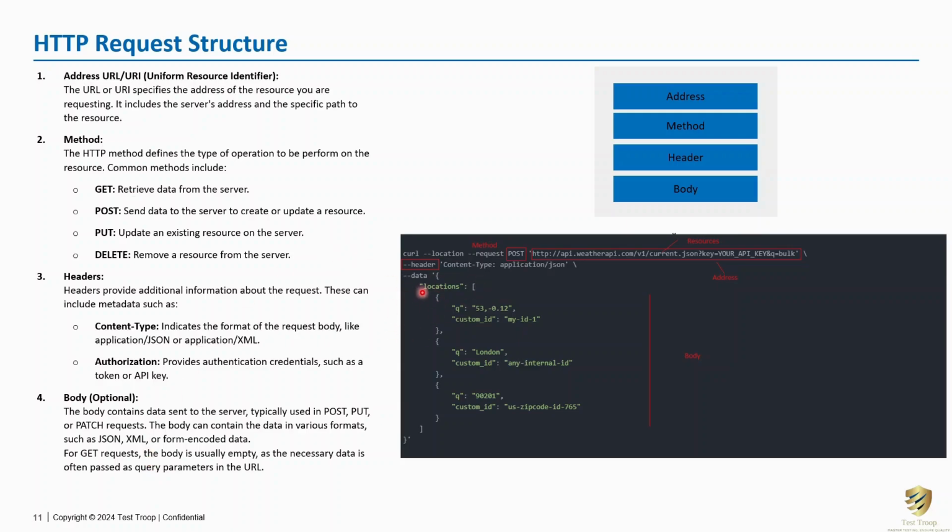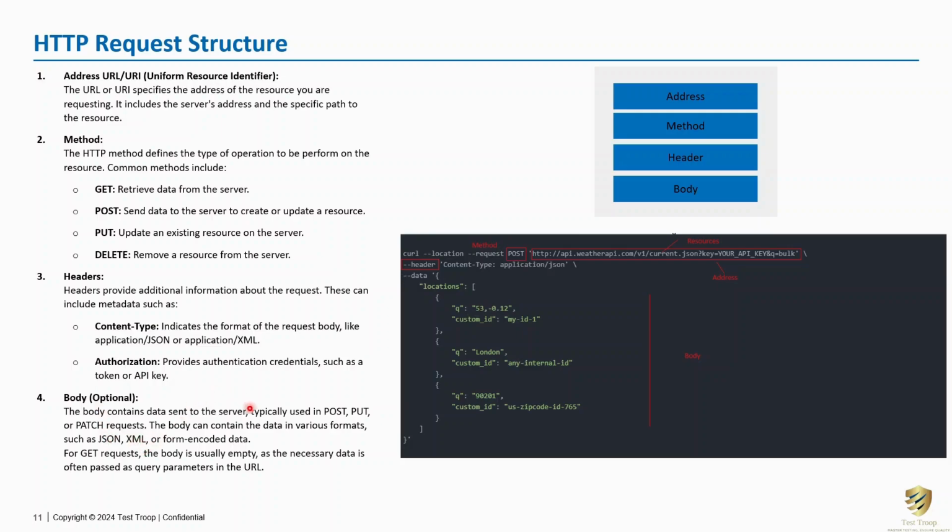In this example, what we are sending to the server is the geolocation. We are trying to post a request with the geographical location. For example, if you see, we are sending the coordinates in terms of latitude and longitude, or the location as London and things like that, to get the weather data for these particular locations.